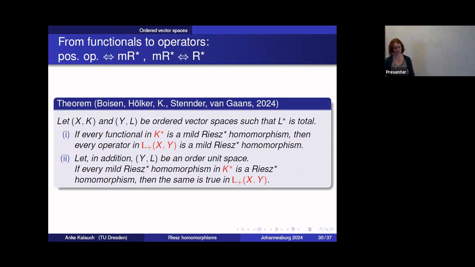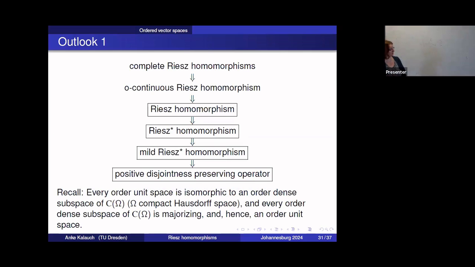It's a similar technique. It works there for this new notion of mild V star as well. And the same if every mild V star homomorphism is a V star homomorphism in K star, then the same is true here. So this translates easily. That's why it's enough to check just the dual cone. Yeah, this was very recent work.